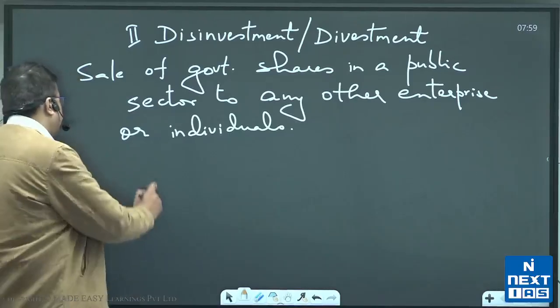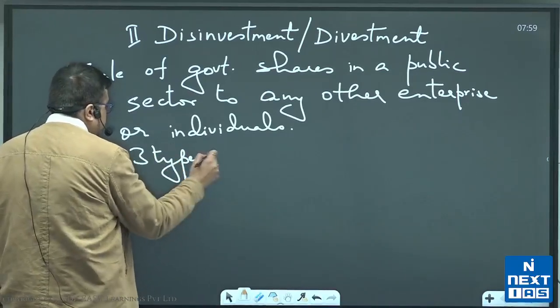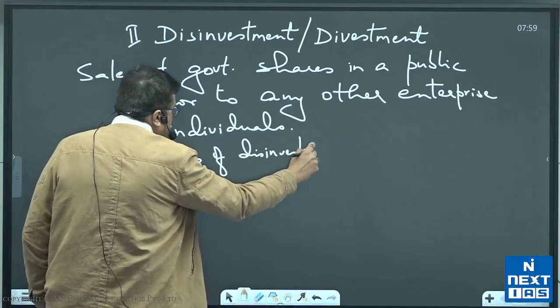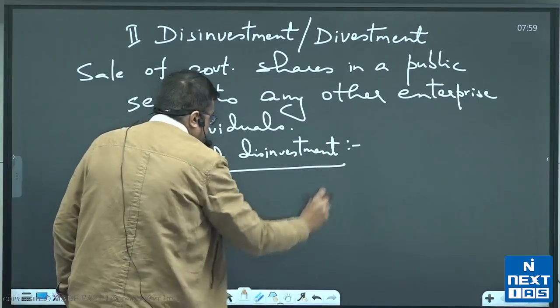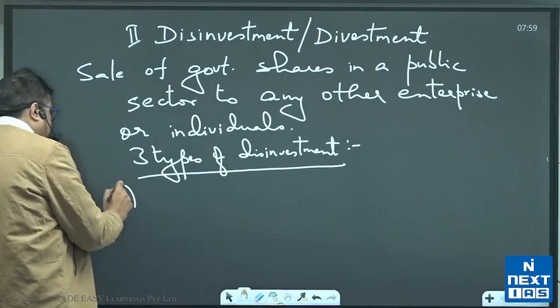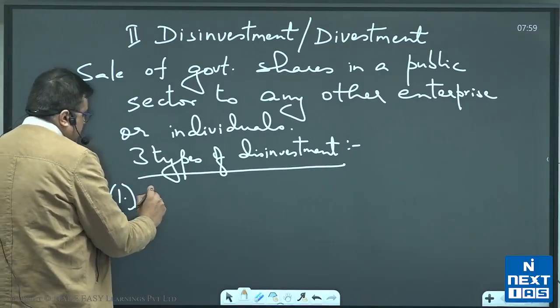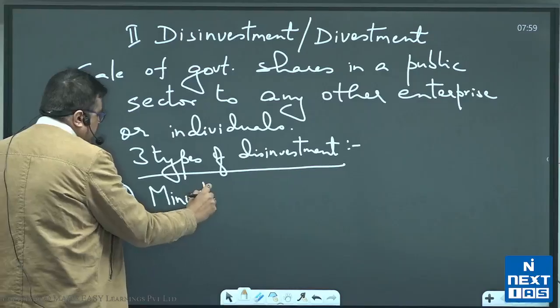Then there are three types of disinvestment. One, minority sale.